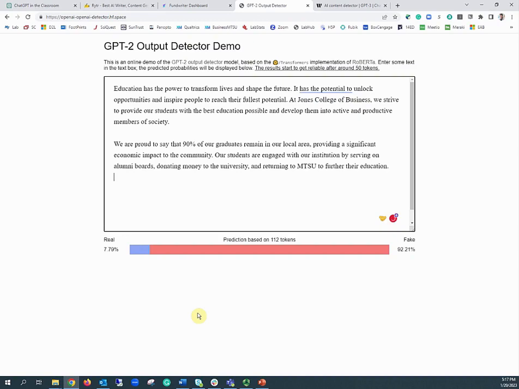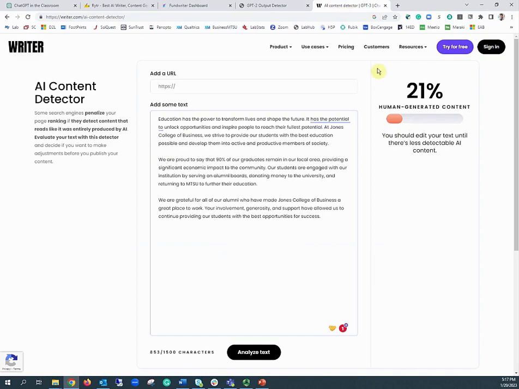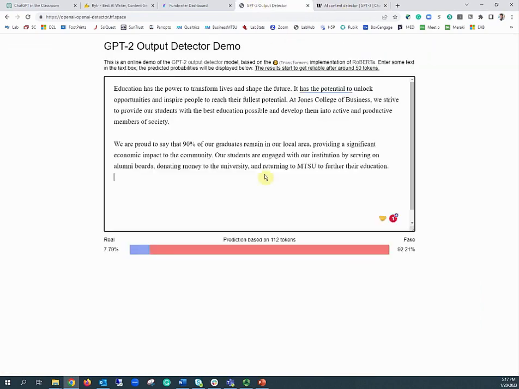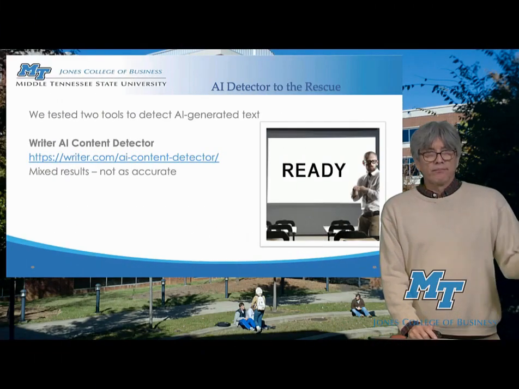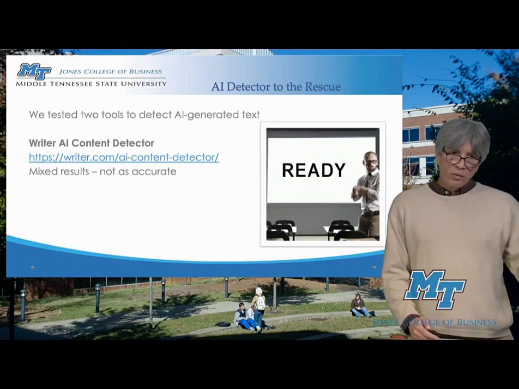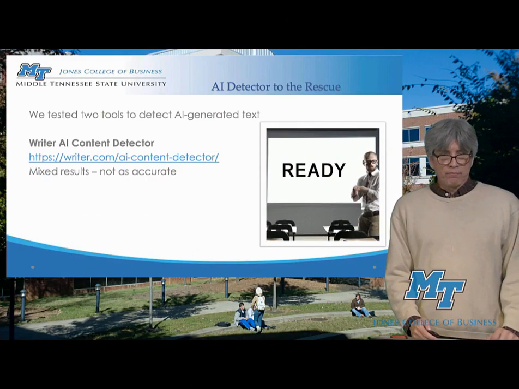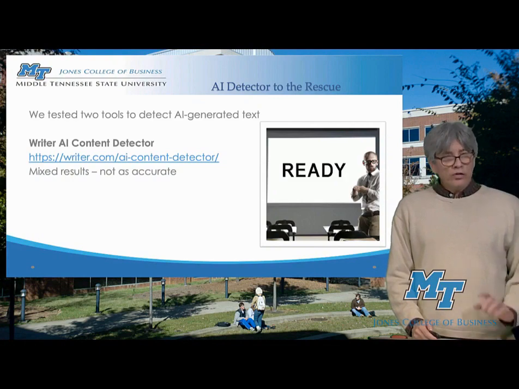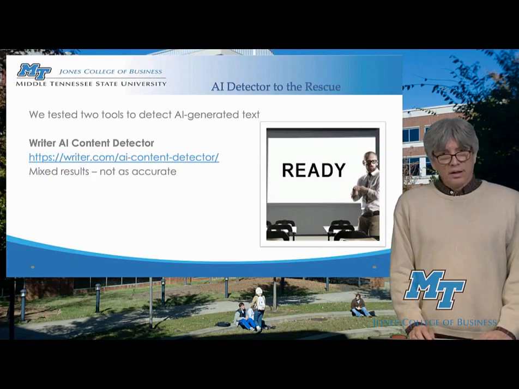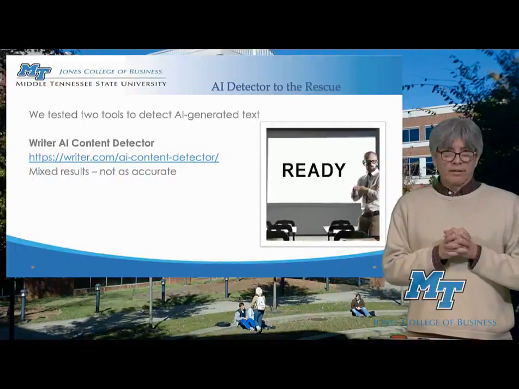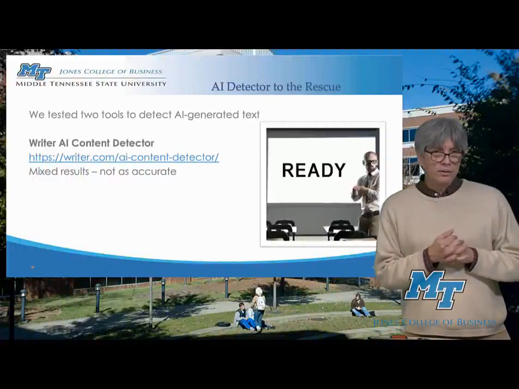Yes, it increases a little bit. So the longer the text, the more accuracy it has. But this is not as accurate as this tool. And that was the second tool. We had mixed results.